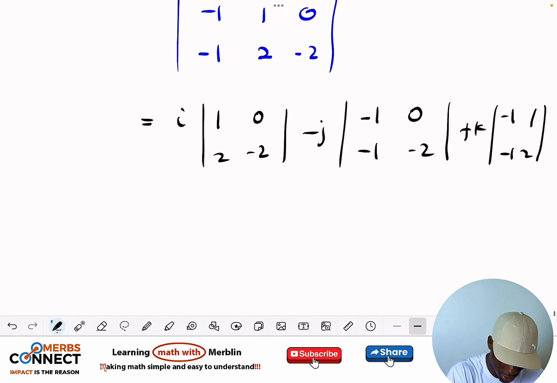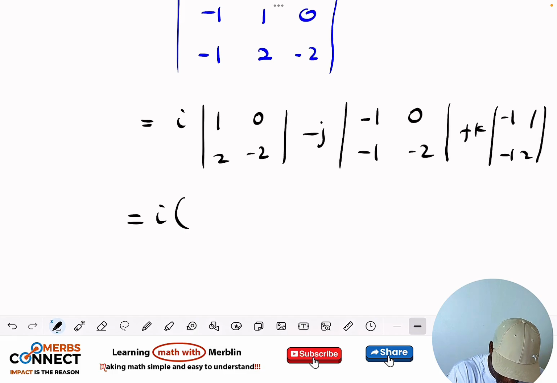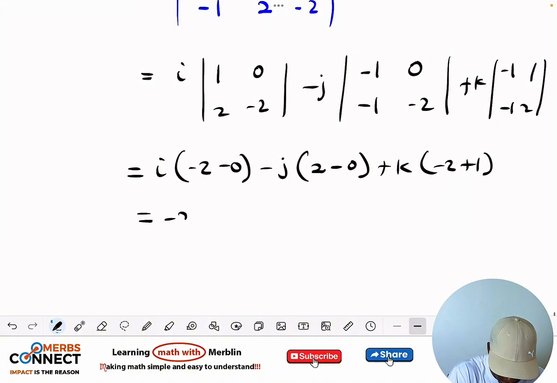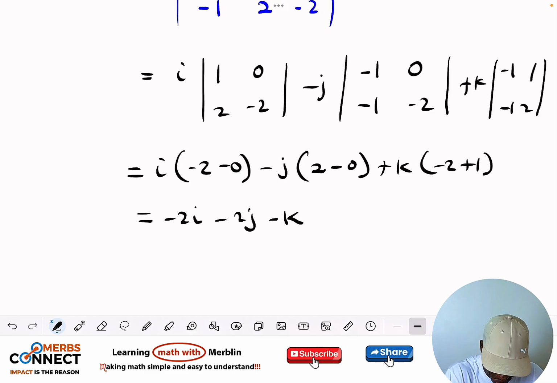Good. I is minus 2 minus 0, minus J. This is going to be 2 minus 0 plus K, and this is going to be minus 2 plus 1. This is going to give us minus 2I and minus 2J and minus K. Good. So that's what we are going to get.